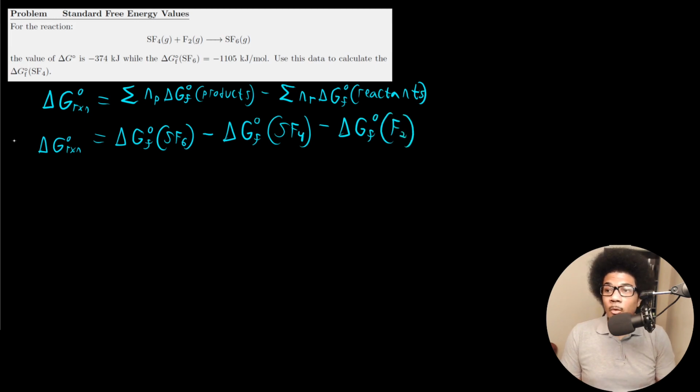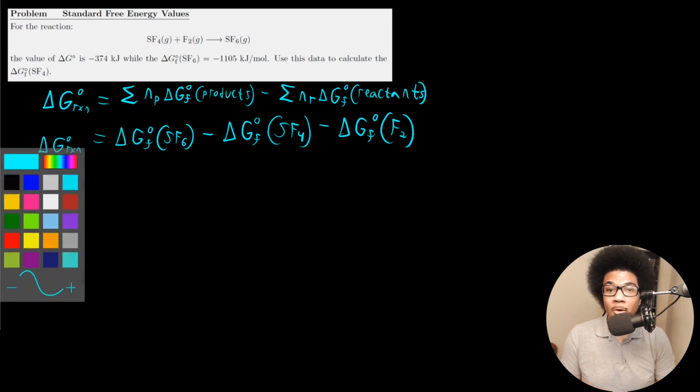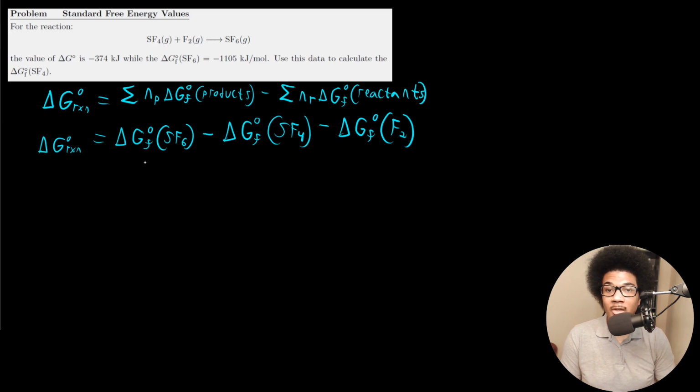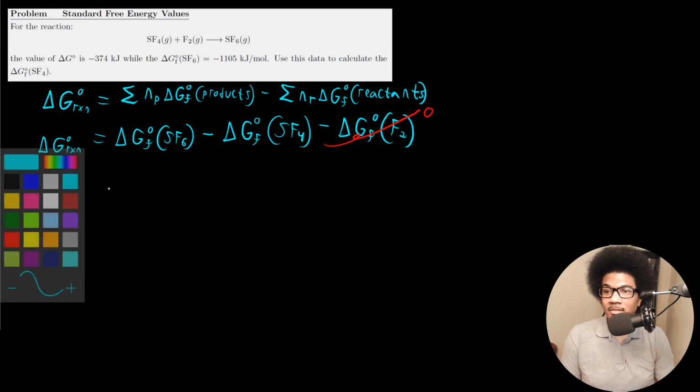Now, similar to the enthalpy of formation, if something is a homonuclear diatomic at standard conditions, it also has no free energy of formation, just like it would have a 0 enthalpy of formation. So the free energy of formation for F2 is 0. So this actually simplifies this a little bit.